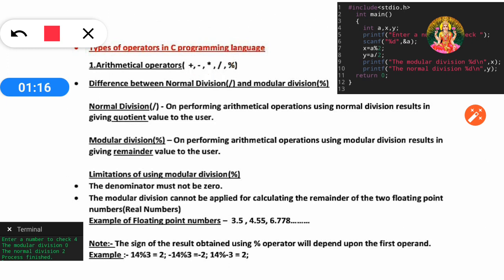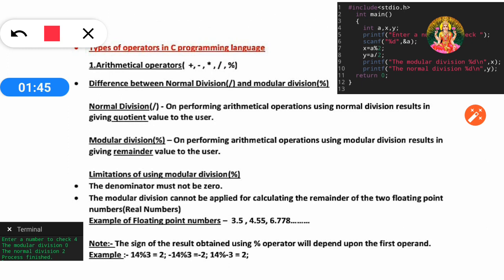Now students, the term arithmetical operator we have heard in our mathematics too. Are the two things similar? Yes, to a certain extent, but not entirely, because that subject is mathematics and this is C programming. But their calculations will be the same.